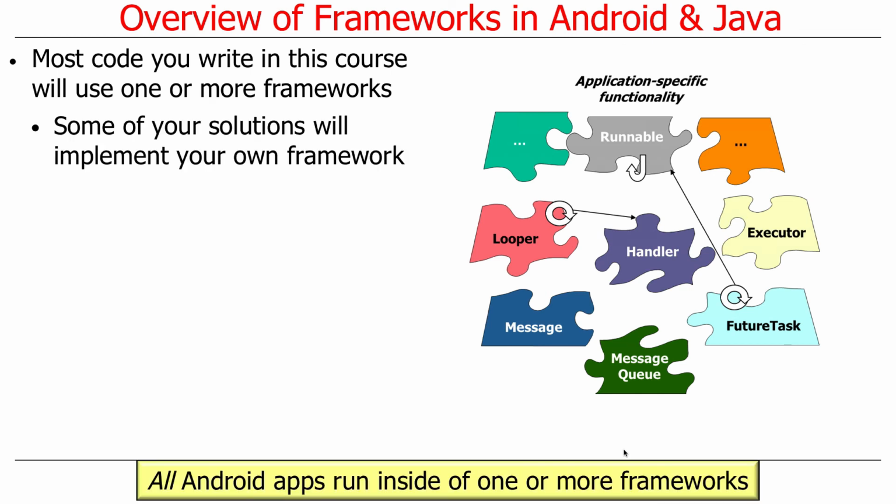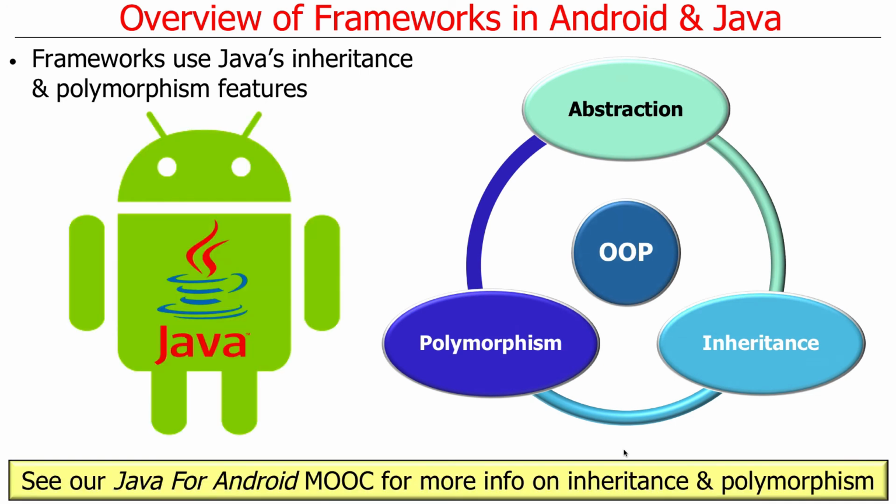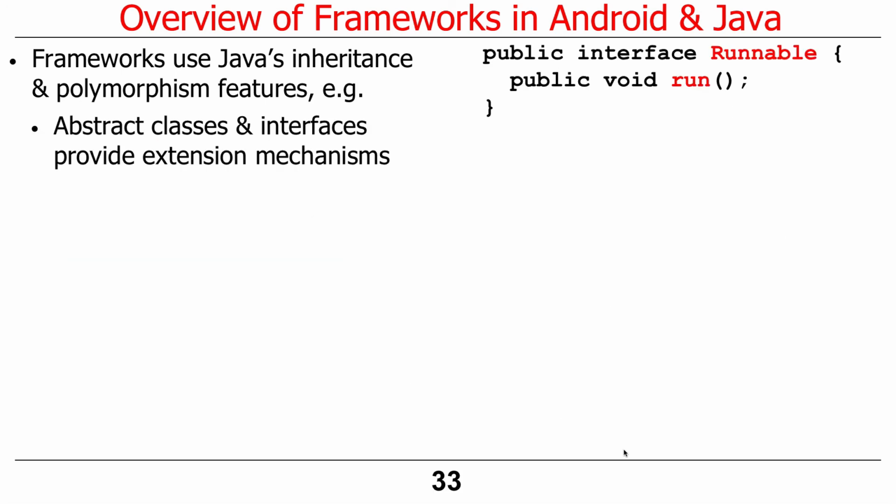All right, so under the hood, frameworks use Java's inheritance and polymorphism features. We've talked about those a little bit. Hopefully you're familiar with that from before. You could look at our Java for Android MOOC if you need to catch up on this, but I think everybody knows what polymorphism and inheritance are.